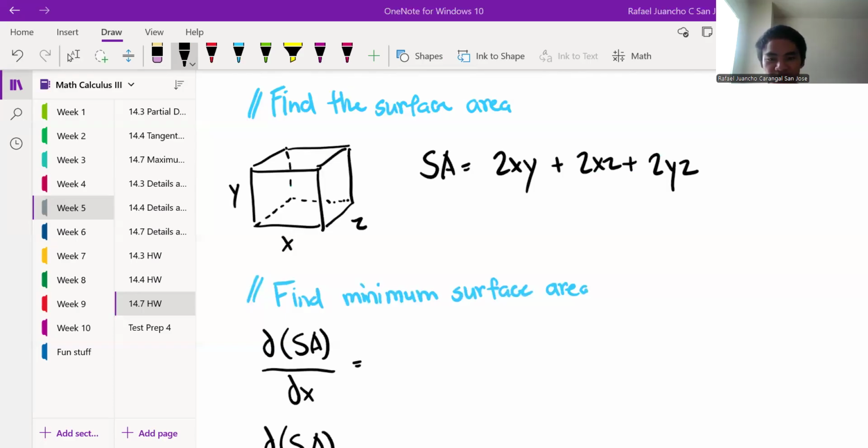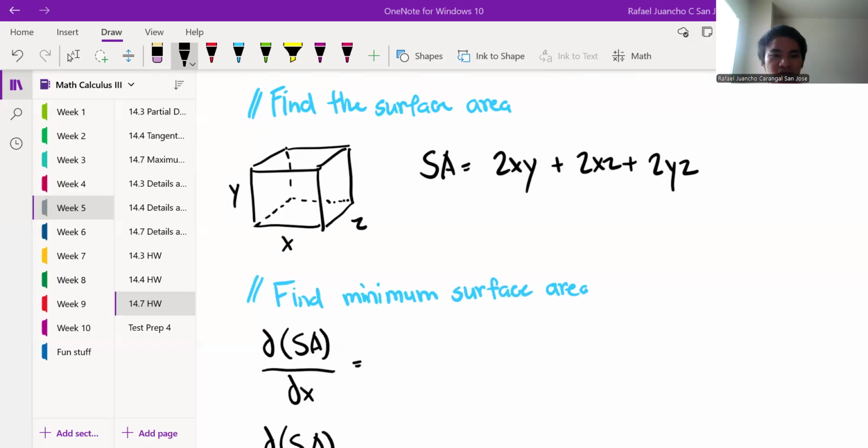So we want to make it two variables, right? How do we do that? Let me go check.